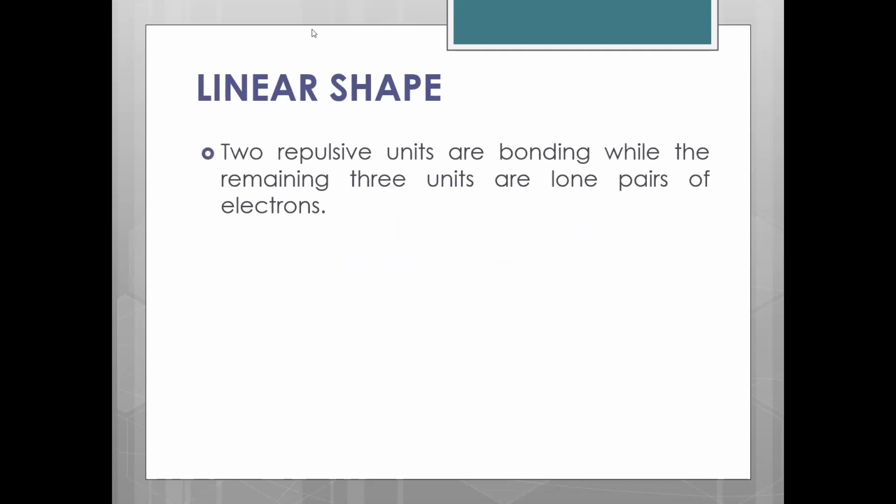Here, the concept is you will have two repulsive units, two bonding electron pairs, while the other three are lone pairs.